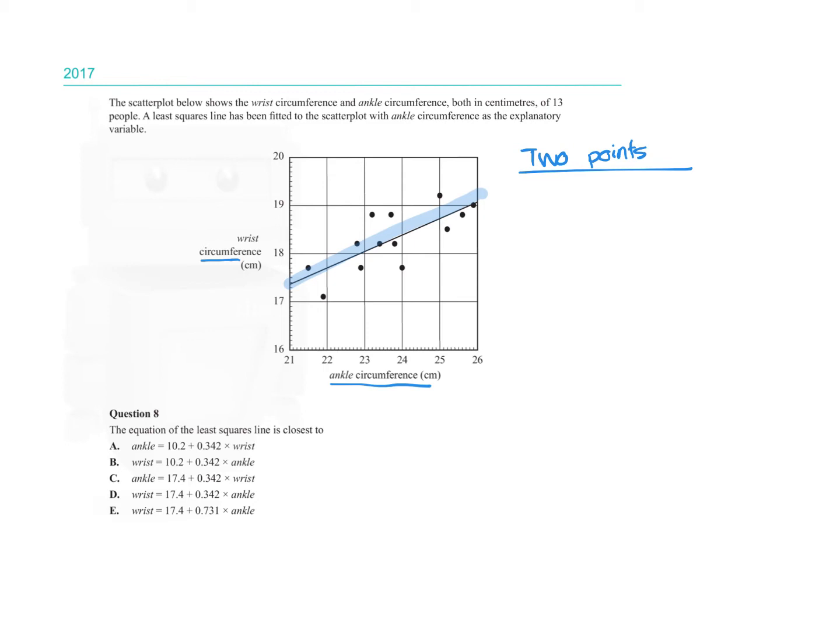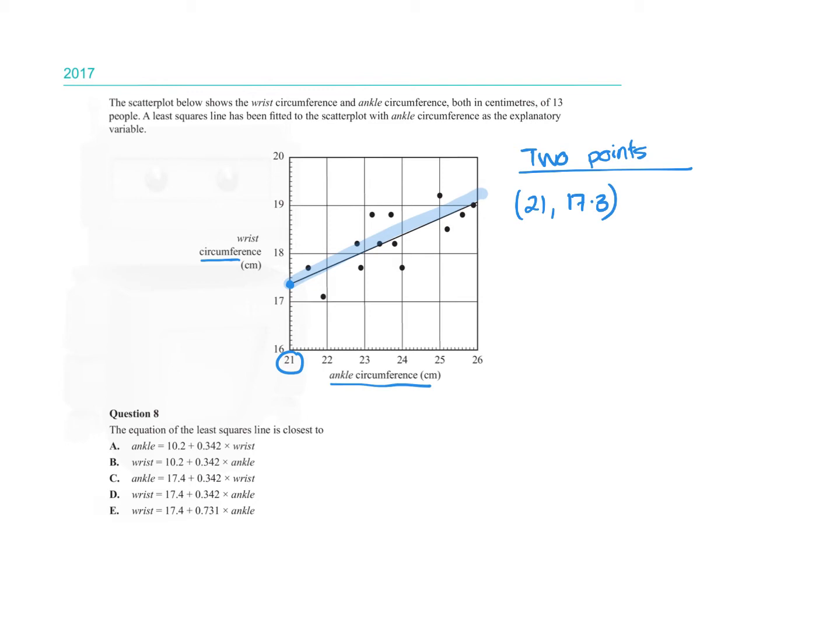Now, be really careful. I'm going to use this one here, which the line is actually going through, X is 21 and Y is 17.3 or something. Okay, and then I'll use another point that it goes through.